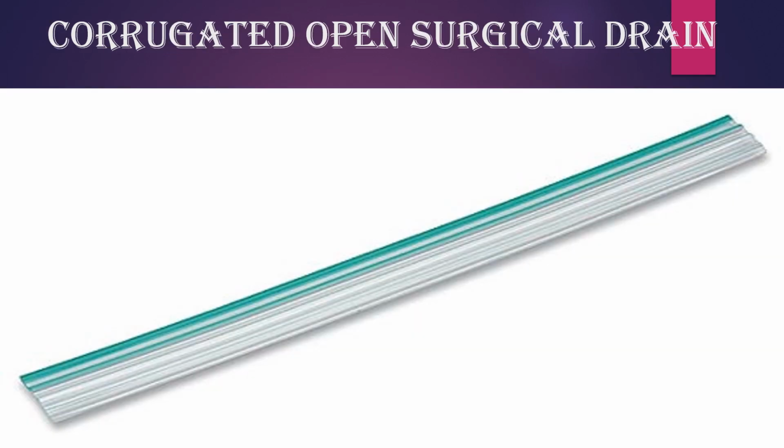Next is the corrugated open surgical drain. This tube is made of rubber material, and it has multiple tube-like structures in it, and the end of this surgical drain has a zigzag structure, you can see, which facilitates passive drainage.